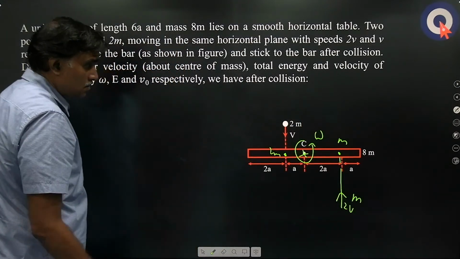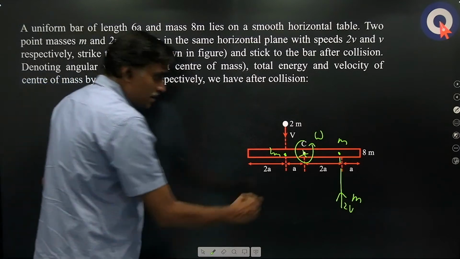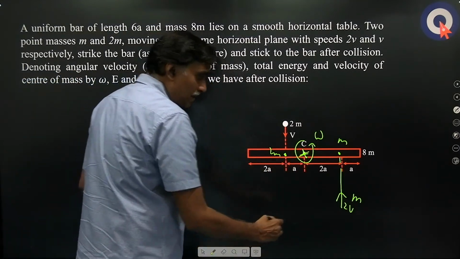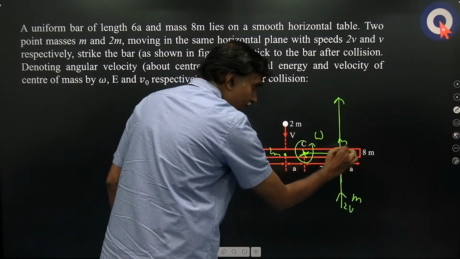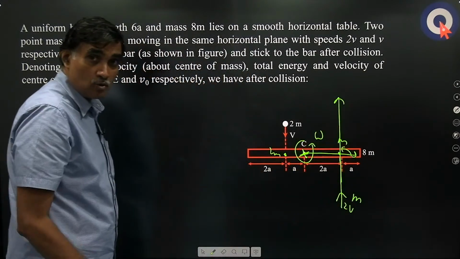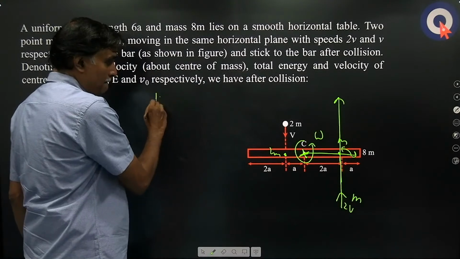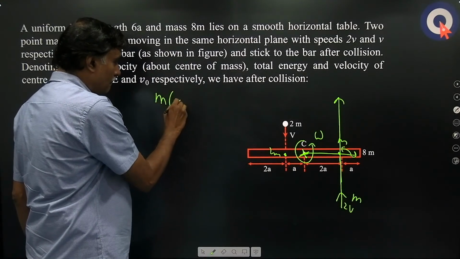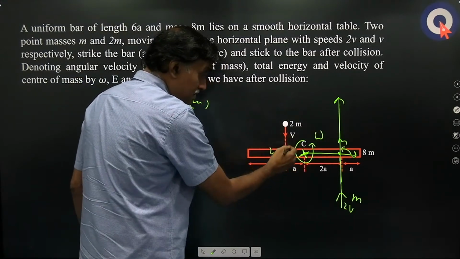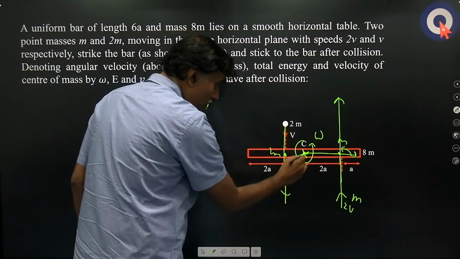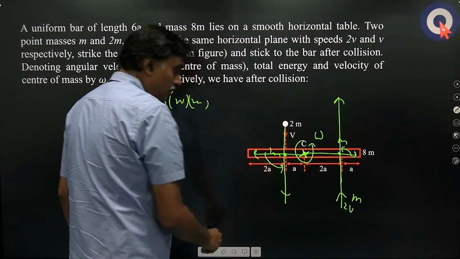Now, if I do angular momentum conservation about this point, what is the initial angular momentum? It is m into 2v into 2a, that is anti-clockwise, and for this 2m into v into a, this is also anti-clockwise.